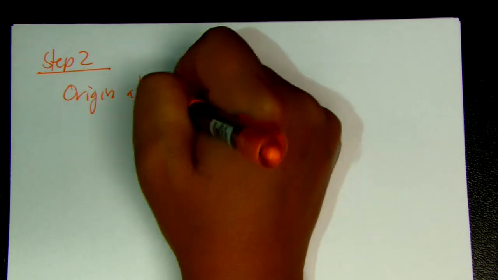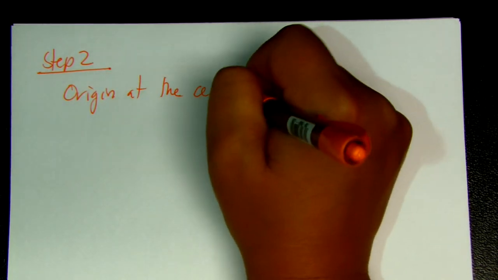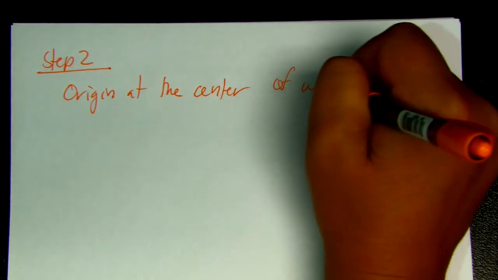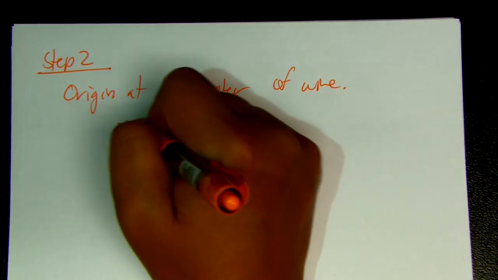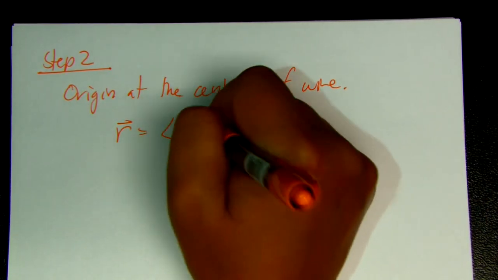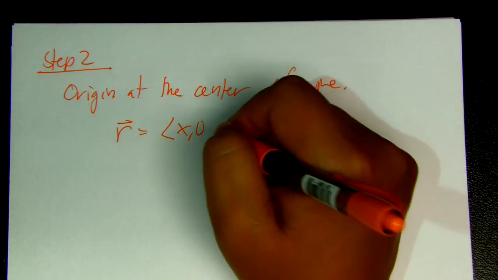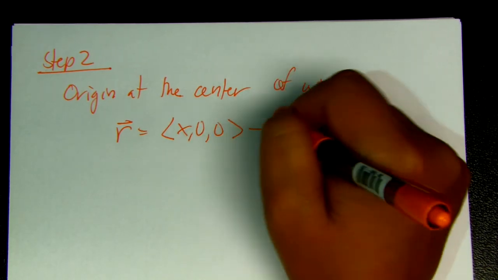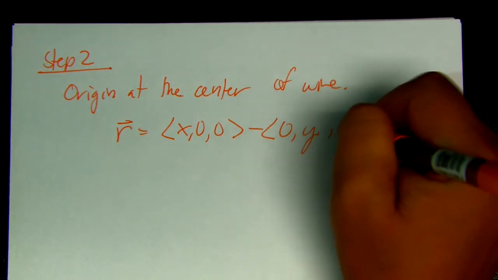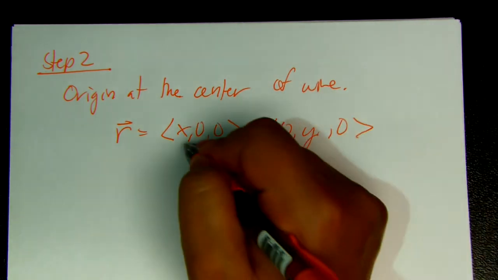All right, so step 2. We're going to set the origin at the center of the wire. So then R is equal to (x, 0, 0) minus (0, y, 0). So we're observing at x.